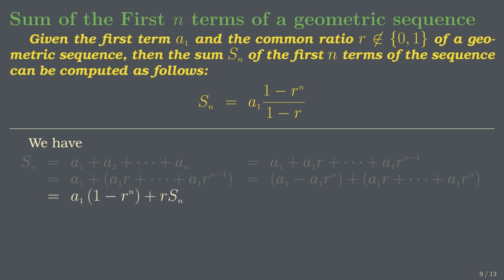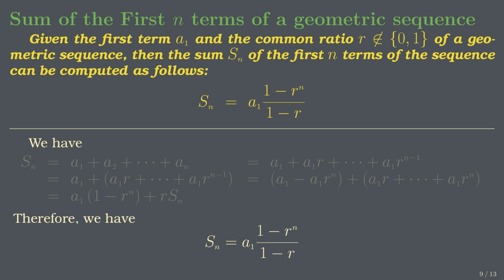And when you take the common factor out, then inside the bracket, what you get is actually Sn. So now you have an equation including Sn as a variable. Then you can easily solve this to have Sn equal to a1 times 1 minus r to the n over 1 minus r. Okay, so you get the desired formula.